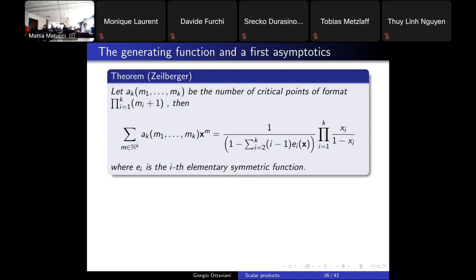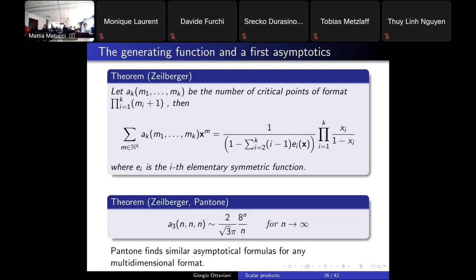And it's nice because there is an analogy with the generating function of the hyperdeterminant, and a consequence is that from here you can prove how they behave, for example, for tensor cubic when n goes to infinity. You see it's pretty nice, this expression, because pi appears, which is funny, and this was found by Antoni. You see this number is now exponential.